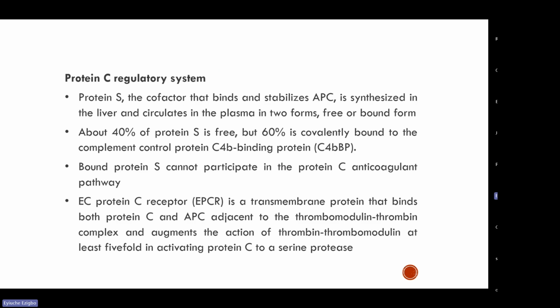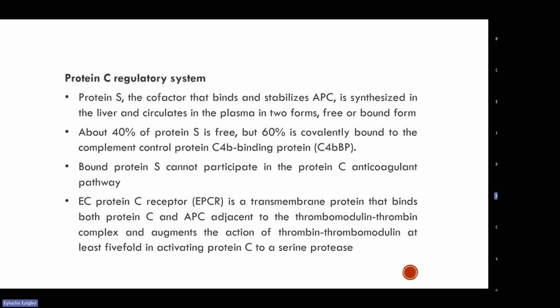So the protein C regulatory system doesn't function alone. It functions with protein S as a cofactor. So protein S is the cofactor that binds and stabilizes activated protein C. It is synthesized in the liver and circulates in the plasma in two forms, free and bound form.